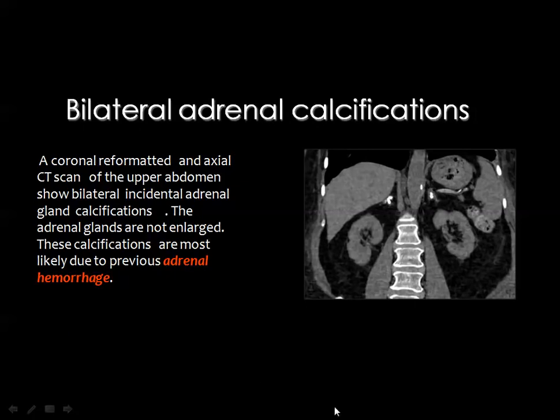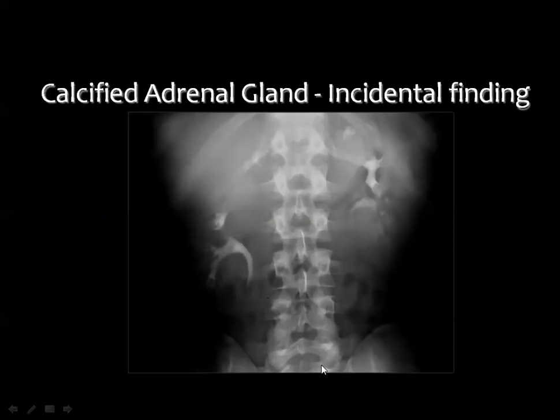Then you remember that the hemorrhage, when it subsides, may leave some calcium within the adrenal glands. But our role as radiologists, whenever we are confronted by similar cases with absence of positive history or clinical data, we just describe that the suprarenal glands are not enlarged, there are no masses, but there are few spots of calcium, which may be the sequelae of previous infection or previous hemorrhage.